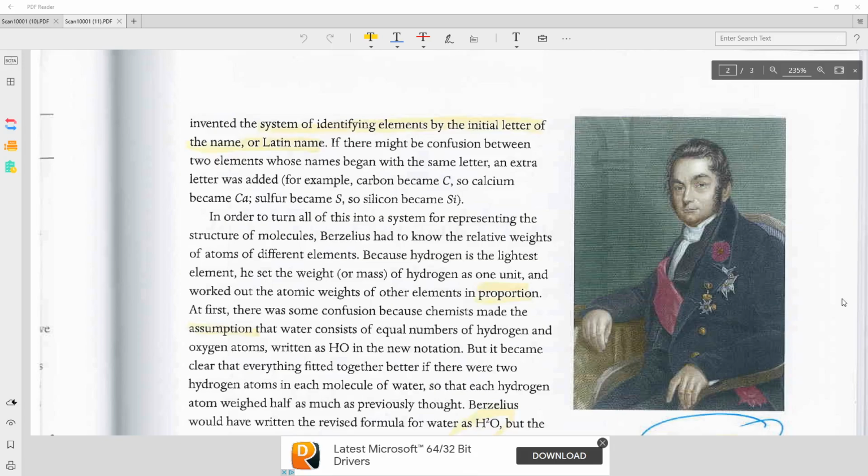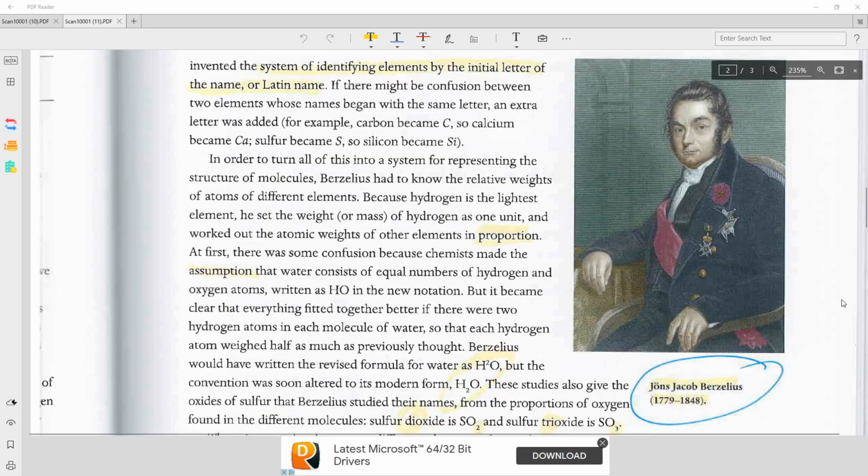If there might be confusion between two elements whose names began with the same letter, an extra letter was added. For example, carbon became C, so calcium became Ca, sulfur became S, so silicon became Si.